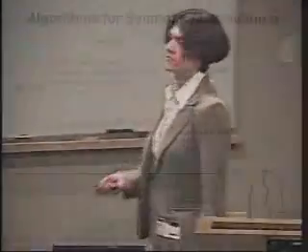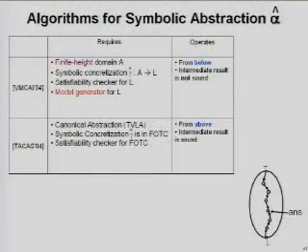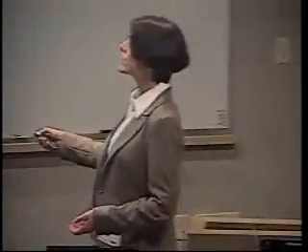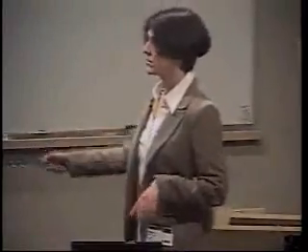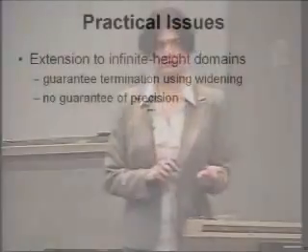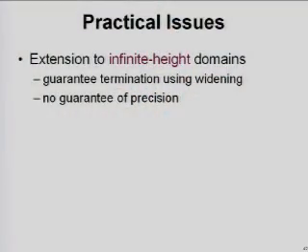Okay. So just to summarize, we have two algorithms for computing alpha hat. One works from below, and its intermediate results are not sound, and it also requires a model generator. Here we don't need a model generator, we only need a satisfiability checker, and it works from above. There are different trade-offs.